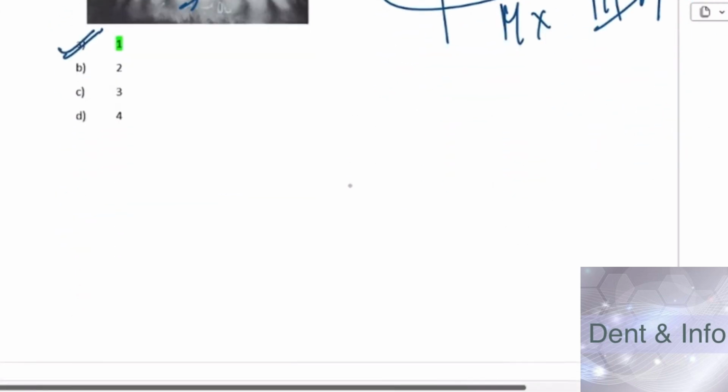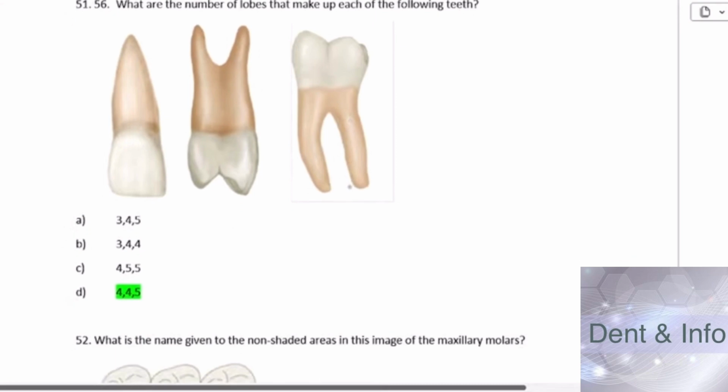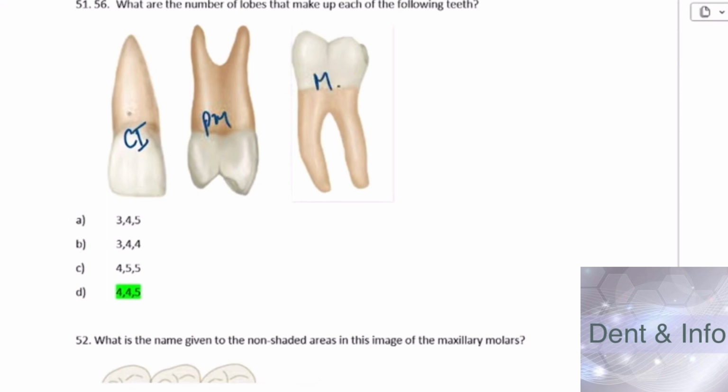So we have a few more questions. What are the number of lobes that make up each of the following? This is central incisor, premolar, and molar. We know that central incisor and premolars are made up of 4 lobes, right? Mandibular molar has 5, whereas in maxillary molar, if cusp of Carabelli is not present, the number of lobes is equal to the number of cusps, that would be 4.